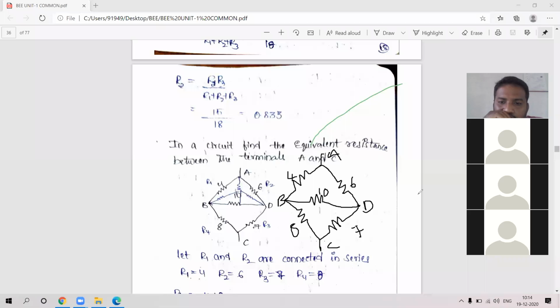Okay, so you need to find the equivalent resistance between A and C. So equivalent resistance, how will you find it? Equivalent resistance means what? Here there are so many resistors. The only thing is we need to make it into a single resistor. He is not asking whether you do star connection, delta connection, series or parallel.